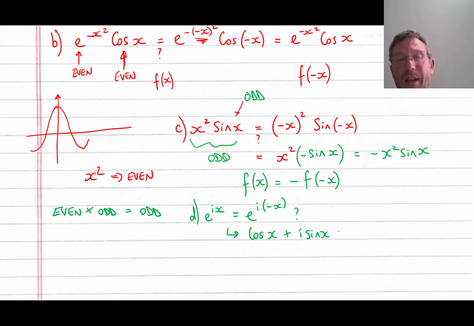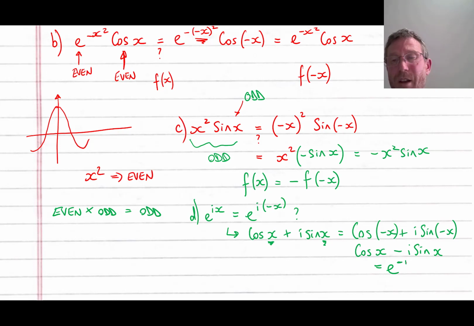When we plug a minus x in for this x and a minus x in for this x, we get cosine minus x plus i sine minus x, and we end up with cosine x, because cosine minus x is equal to cosine x, and sine minus x becomes minus sine x, so we get minus i sine x, and that ends up being equal to e to the minus ix.